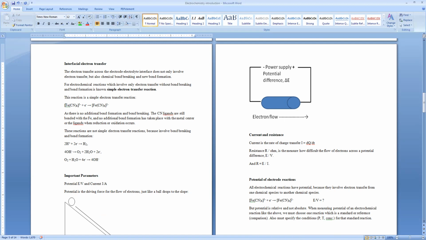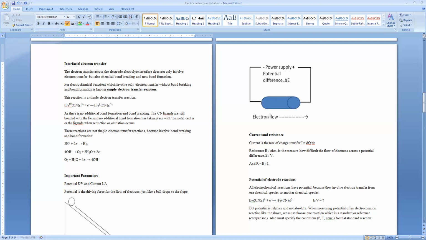This electrochemical reaction only involves 1 electron, but this electron is basically added into the iron center. The iron has oxidation state 3, so this is iron(III). When you add 1 electron, it becomes iron(II).